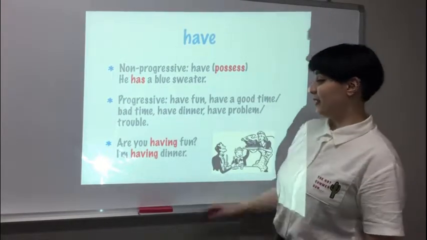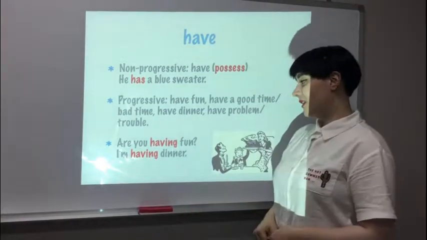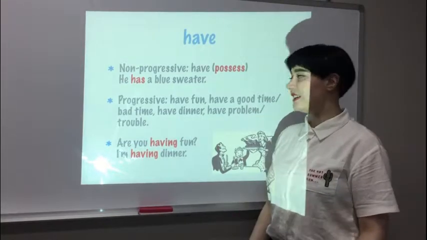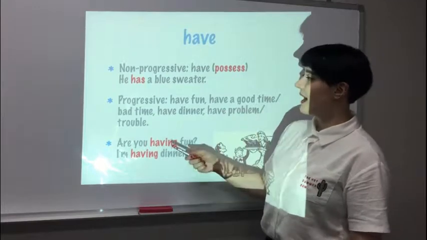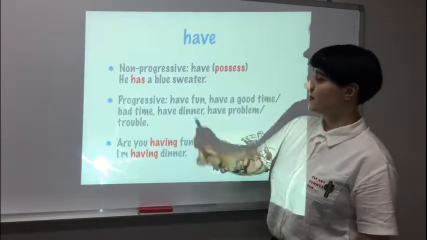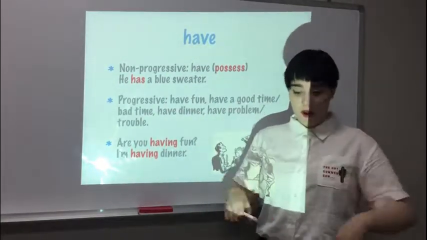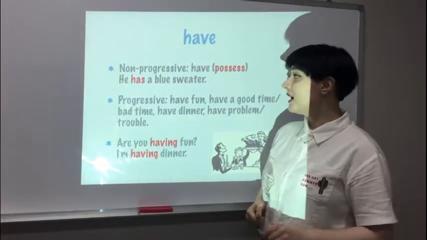So here, for example, are you having fun? Or I'm having dinner. So as you can see, these are for the expressions, and non-progressive is for possession. So he has a blue sweater, or I have a white t-shirt.